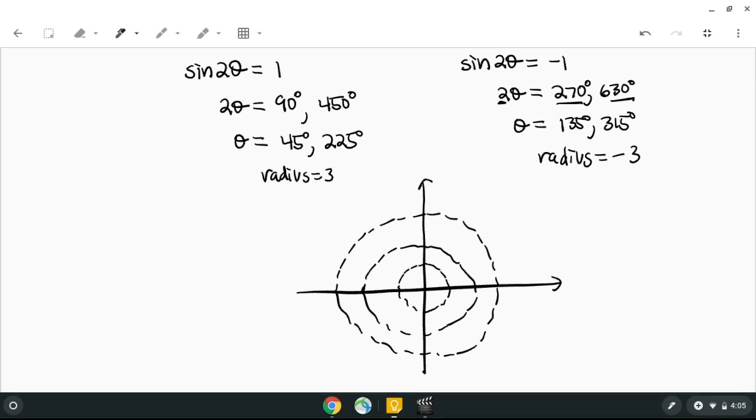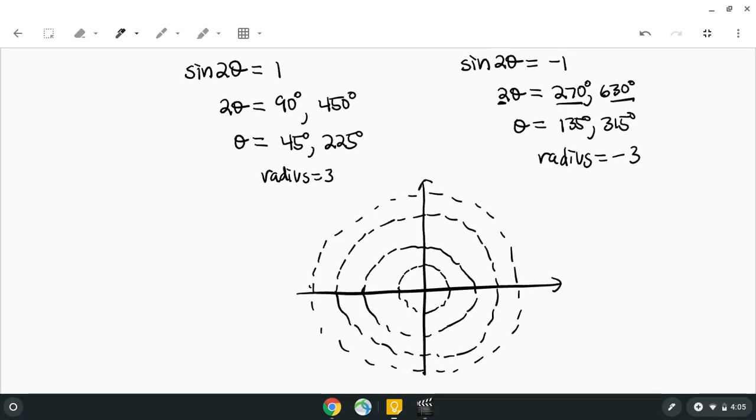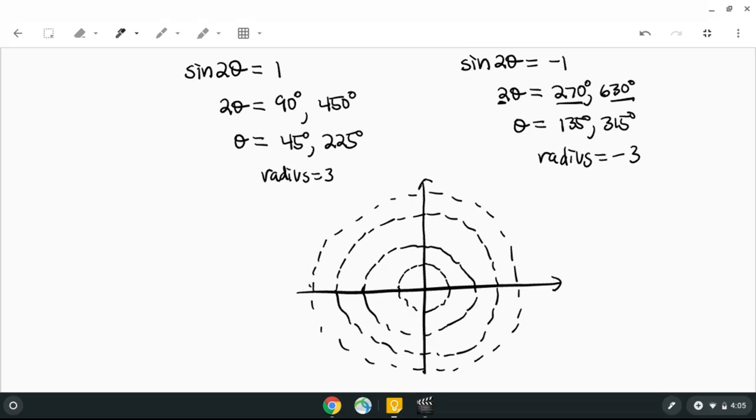Let's do these 2 first. 45 degrees, and I have a radius of 3. 45 degrees is right around here, so facing 45 degrees, I march forward +3: 1, 2, 3.